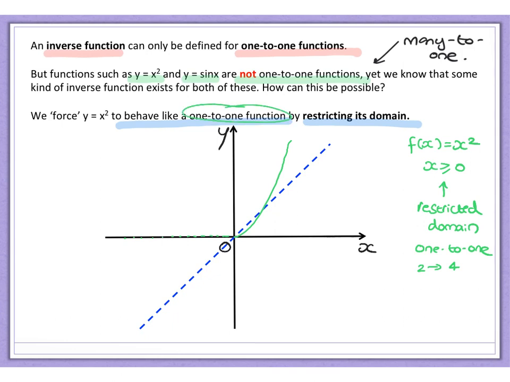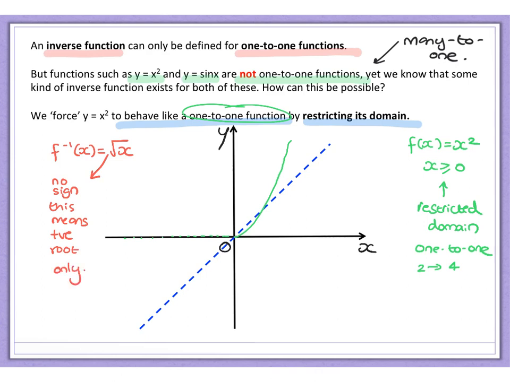We can now draw the inverse function, which I will do in red, which is f minus 1 of x, which is the square root of x. And officially, if there's no sign in front of the square root, so if it doesn't say specifically that it's a negative root, this means, by convention, the positive root only.